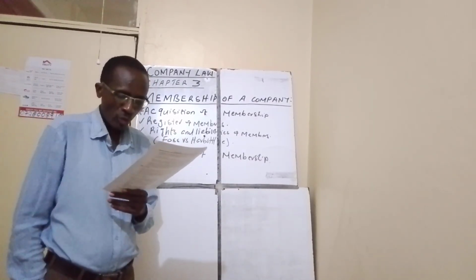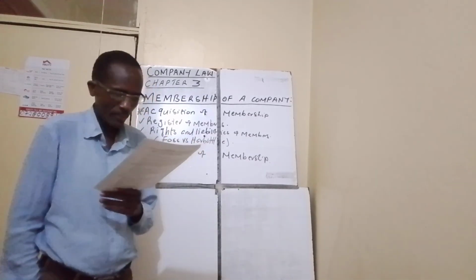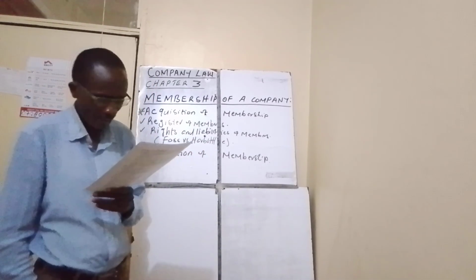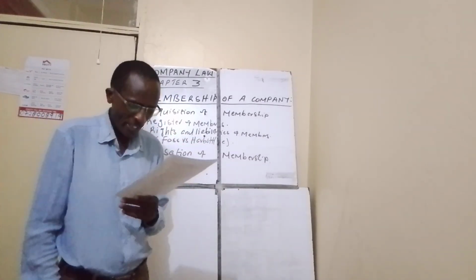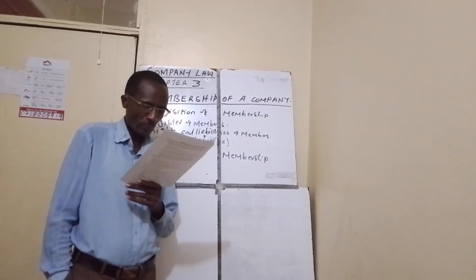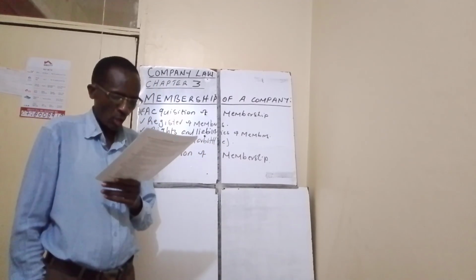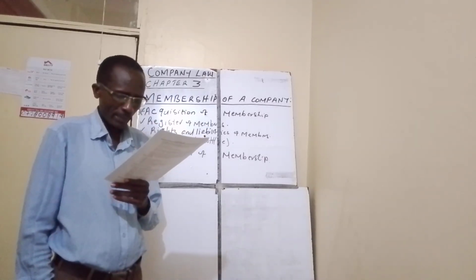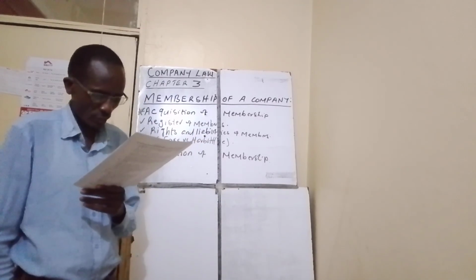A company shall ensure that its register of directors complies with sections 135 and 136. A company shall keep its register of directors open for inspection at its registered office or at some other place prescribed or authorized by the regulations.